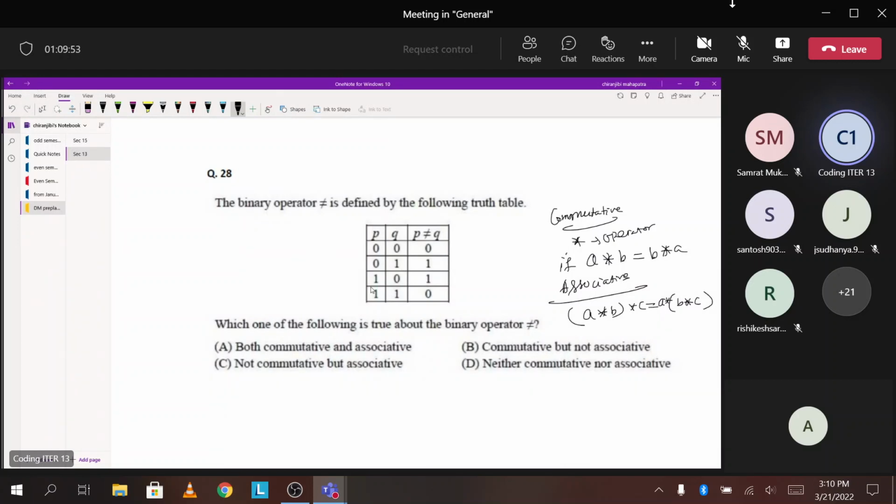So check and tell me whether this not equals to is commutative, associative, yes or no, or which one is true.